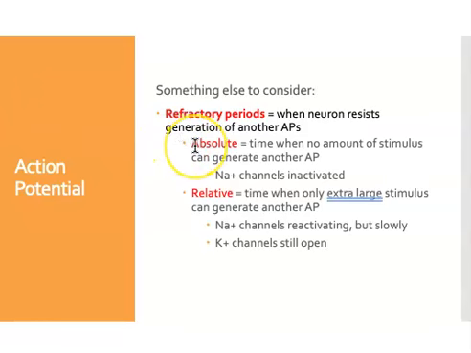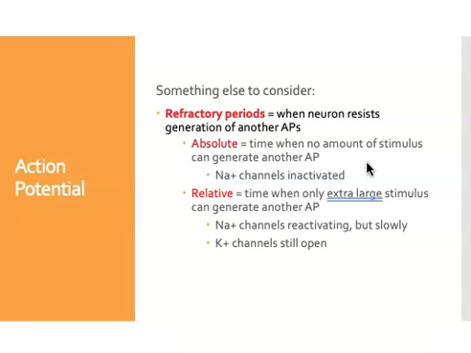So the absolute refractory period is the time when no amount of additional stimulus could begin another action potential. And the reason for this is because the sodium channels are closed and inactivated during this time. That inactivation particle is different from the gate inside the channel. All of the sodium channels are going to open at one voltage and close at another voltage.